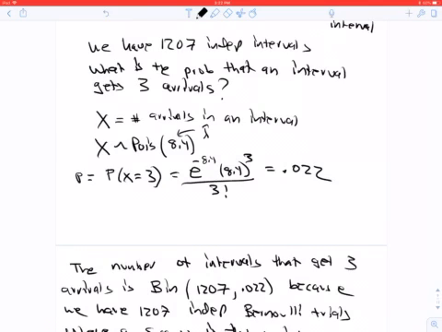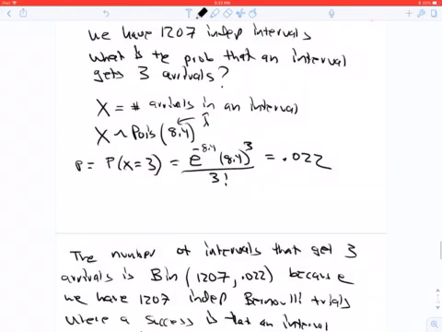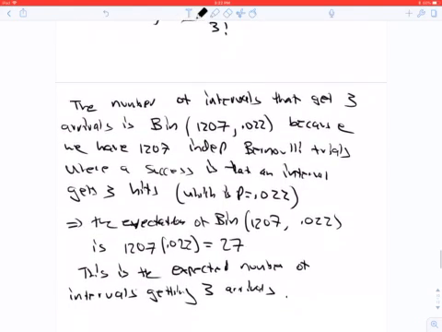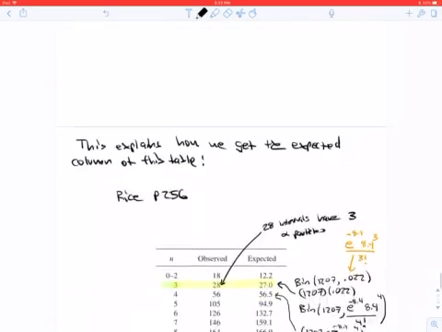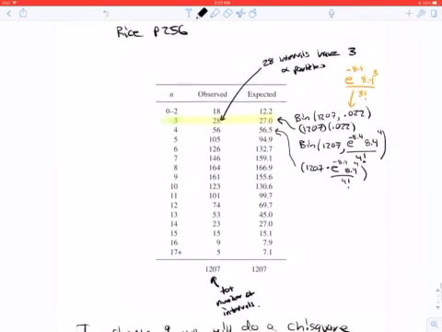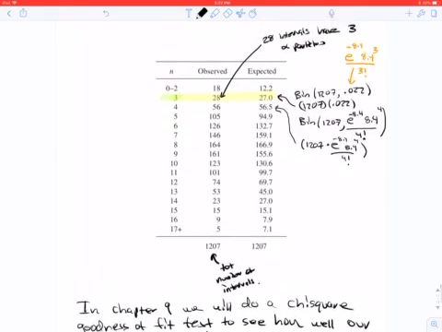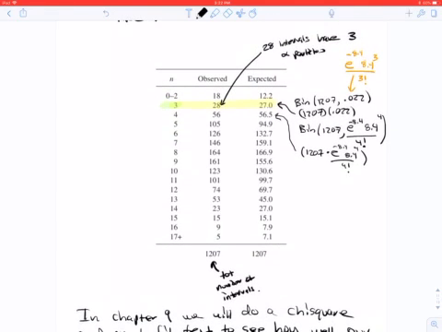So we're thinking of a binary trial here, a Bernoulli trial, I should say, where each interval either gets 3 arrivals or they don't get 3 arrivals. So the number of intervals that get 3 arrivals is binomial(1,207, 0.022), and the expectation of that is just np, so it's 27 in this case. And that explains how we get the expected column in this table here.